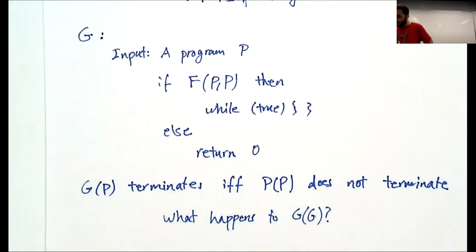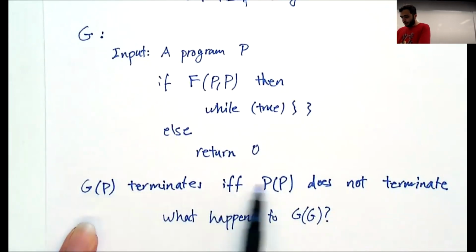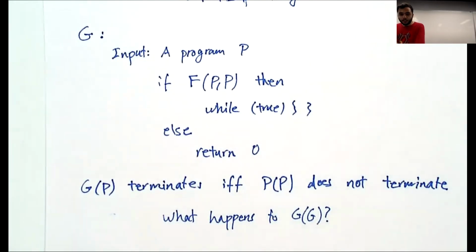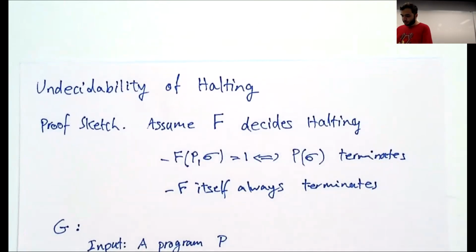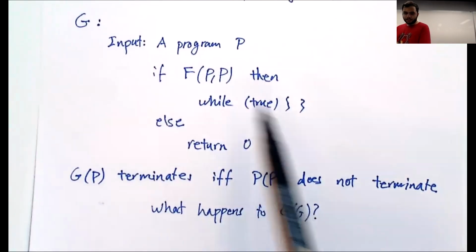According to this sentence here, we're just plugging in G in place of P. So G of G should terminate if and only if it does not terminate. And that's a contradiction. This contradiction shows that it's not possible to have some program F that decides halting, because if we have F, then we can create this G.